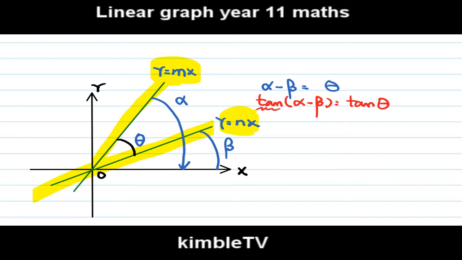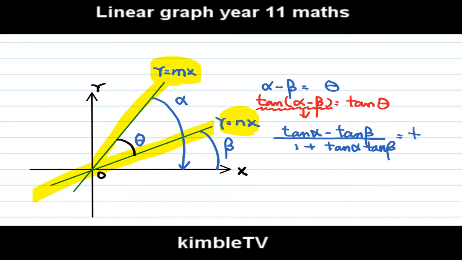And this one can be expanded: tan alpha minus tan beta over 1 plus tan alpha tan beta. This is tan theta.